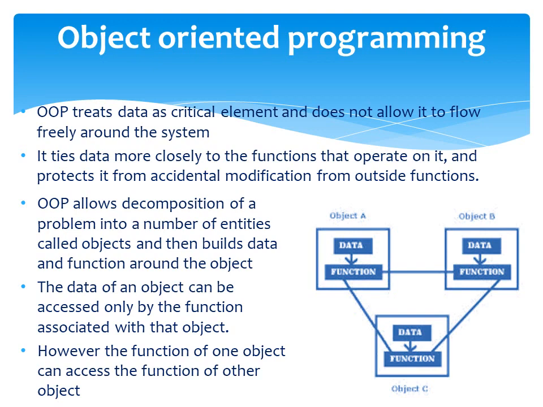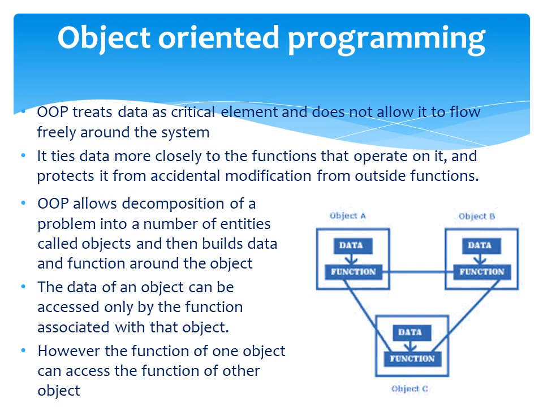Say for example, the data of object A can be accessed only by the functions of object A. In the same way, the data of object B can be accessed only by the functions of object B.